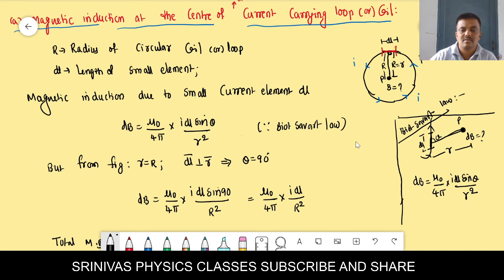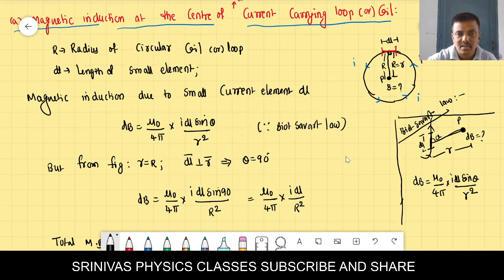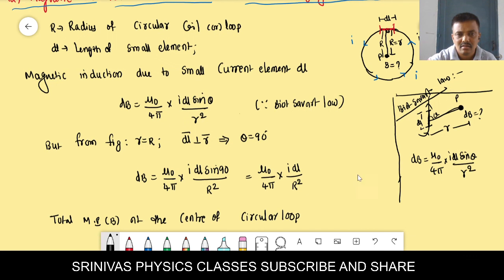A small part on the circle is a straight line. You can take it as a tangent, but it's not a tangent. It is a small part on the circle. You see, our earth is a sphere, na? Yes or no?